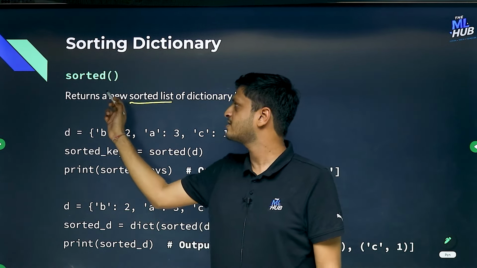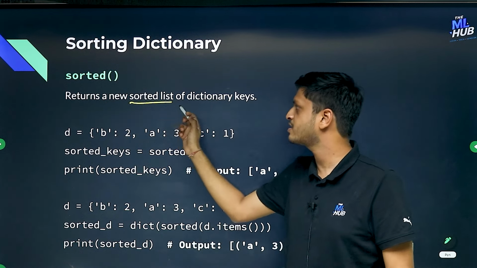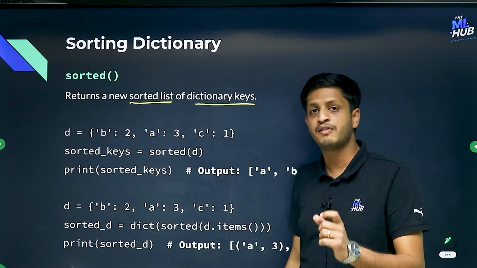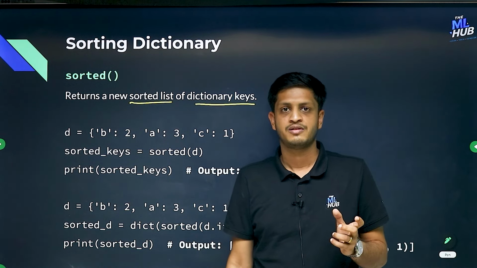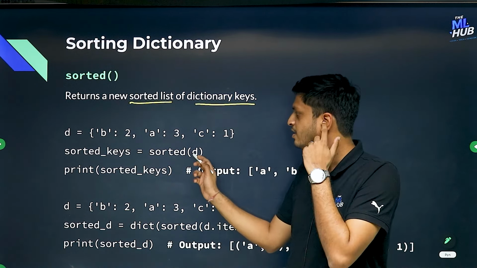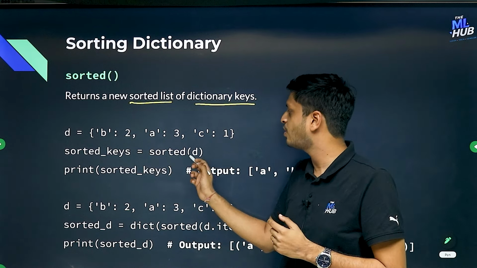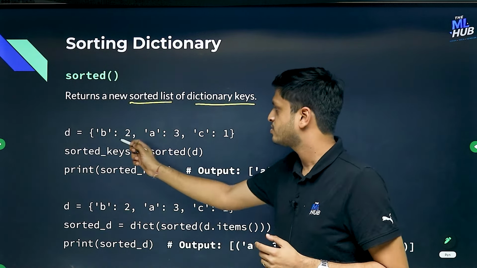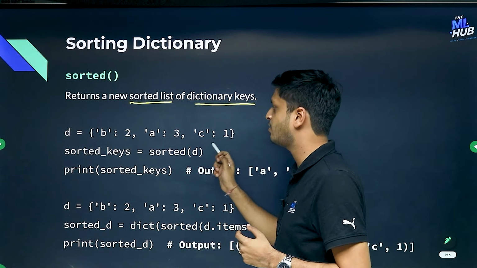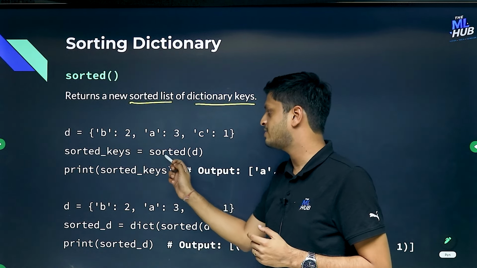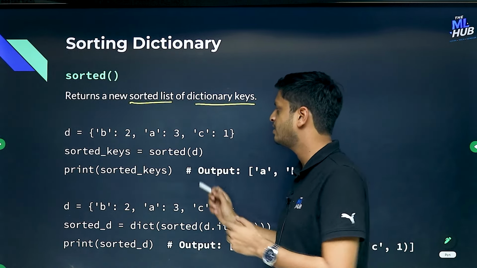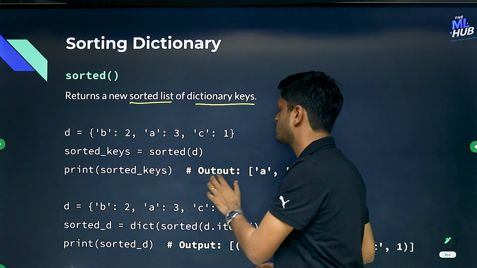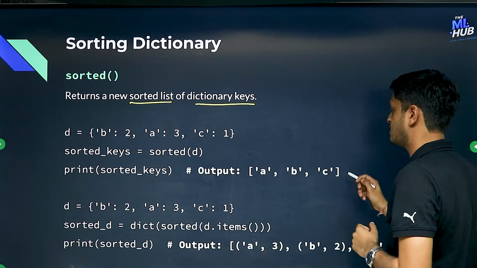If you just pass a dictionary inside the sorted function, it will give you a new sorted list of dictionary keys. It will only give you keys as the output, not the values. So if you have B2, A3 and C1, and you just pass this dictionary in the sorted function, by default it will only give you keys, which is A, B and C in sorted way. So the output will be a list containing A, B and C.